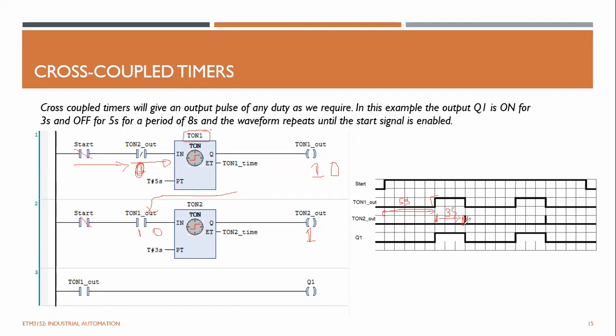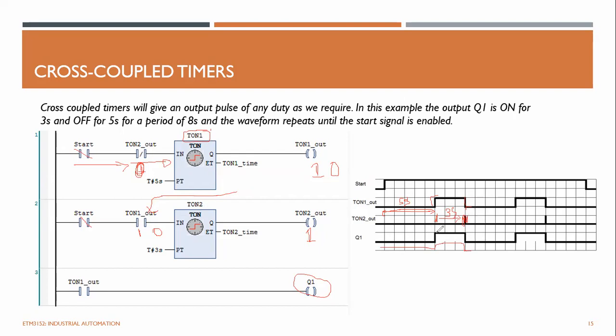So at the same time it is getting high, it is getting 0, and at the same time this T on timer also gets reset to 0. But the output is taken from the T on 1 timer, so the output is like this. Both timers get reset after that.